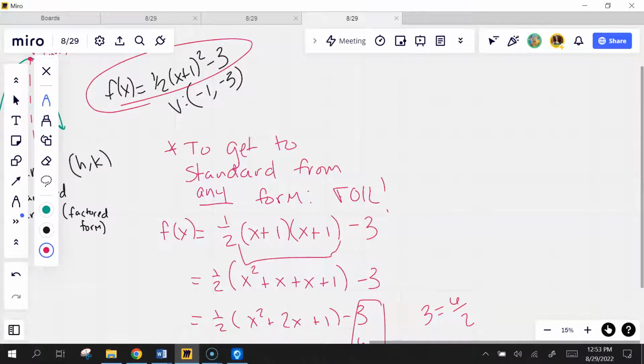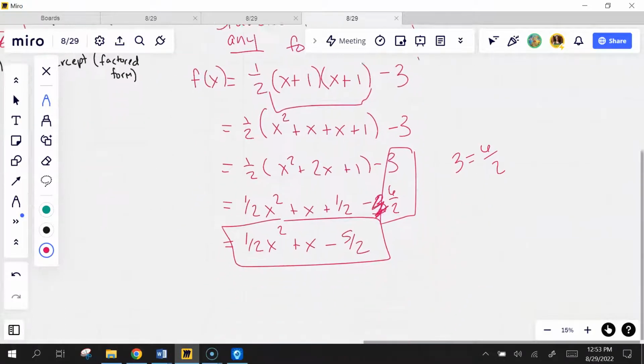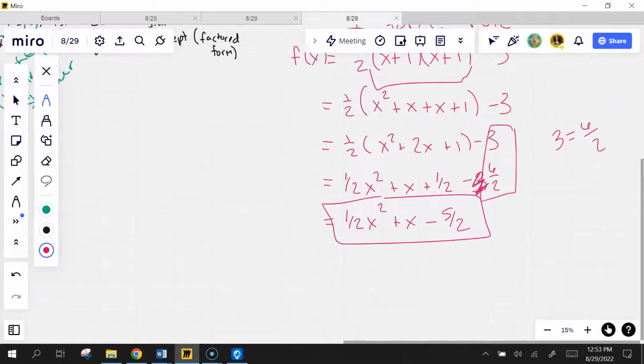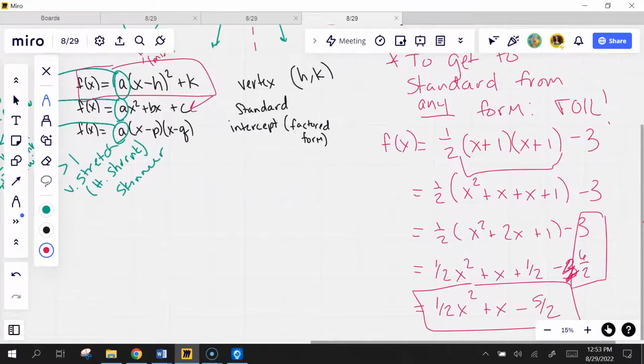So now the question becomes, I can go from vertex or intercept to standard by multiplication, right? But what happens if I need to go from standard to intercept? You've already told me this one time. Factor. What if I need to go from standard to vertex? FOIL. Minus b/2x. Tell me what you're doing.